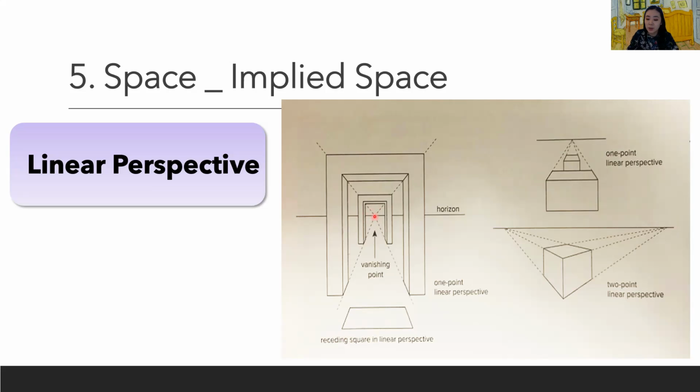So this is a good perspective technique for compacting many objects in a limited space. So we're gonna learn this linear perspective later when we learn the Renaissance in detail.